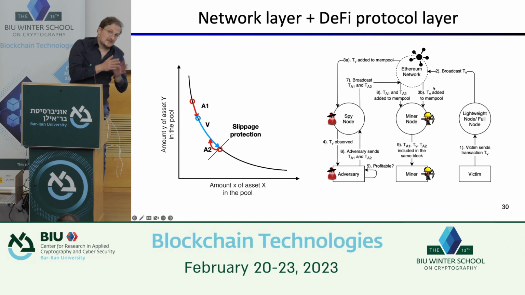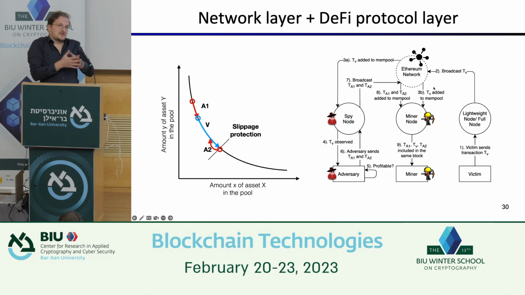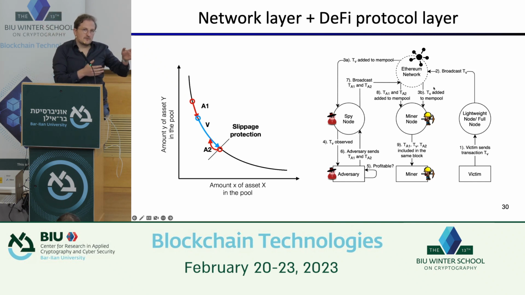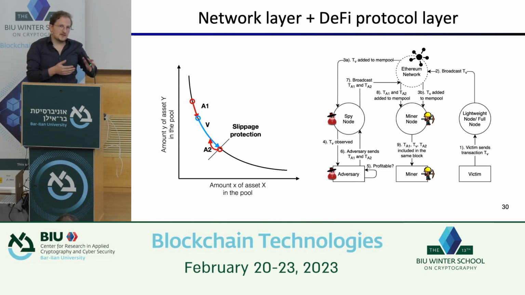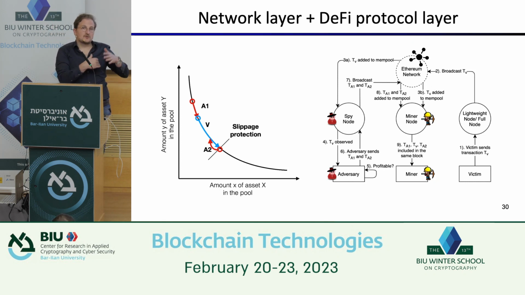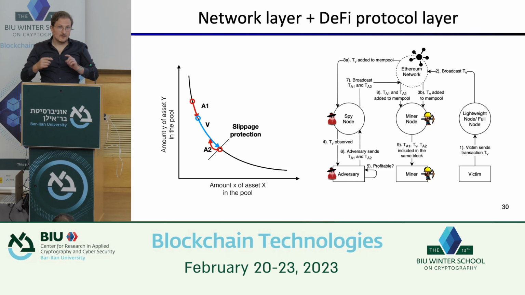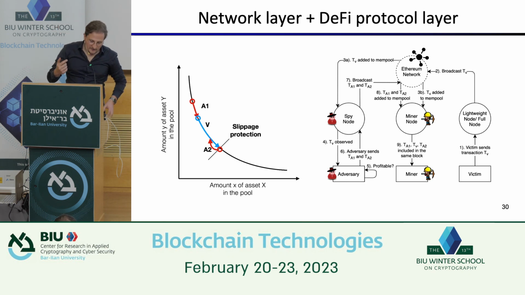And I may add, this is one way of submitting a transaction, right? You can also go through these so-called private relayers to try to avoid the mempool. That's also possible, right? But in general, a victim goes through the peer-to-peer layer. Then the miner has a node and the attacker has a node.